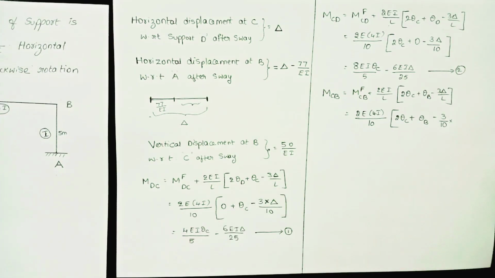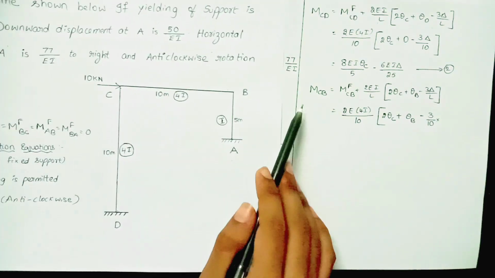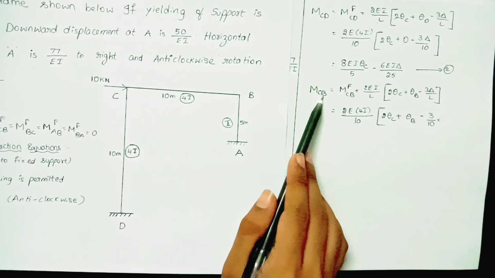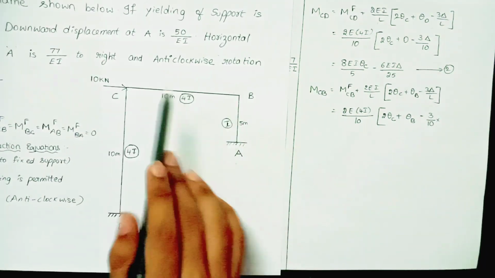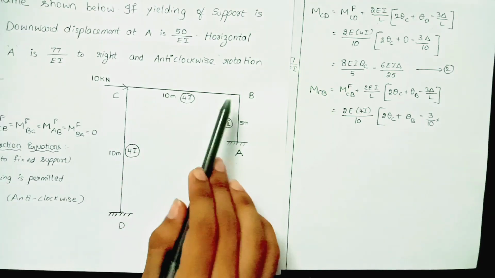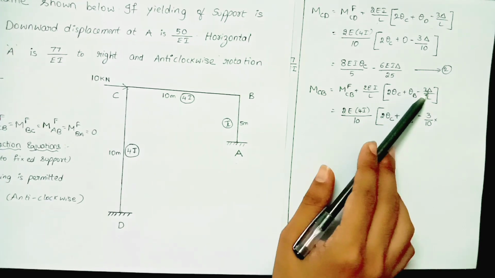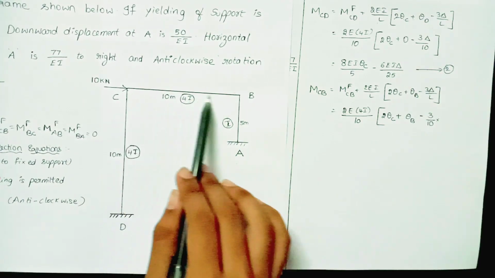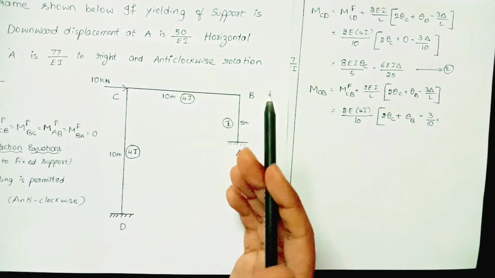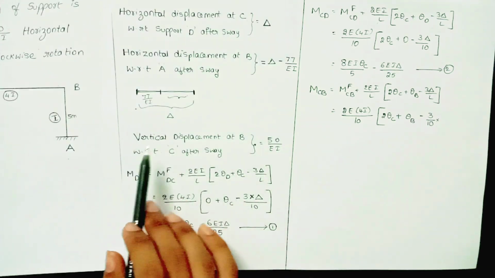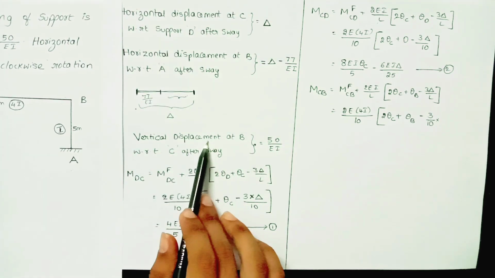In order to get clarification, once observe the member we are taking. So CB or BC, anything, it is a beam member. Delta is the deflection or displacement. So for the beams, the deflection will be mainly in vertical direction. So we have to substitute vertical displacement.